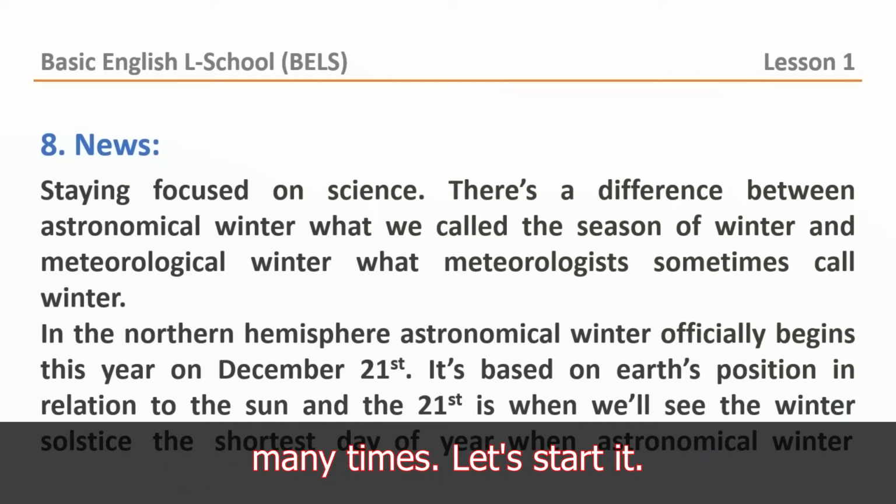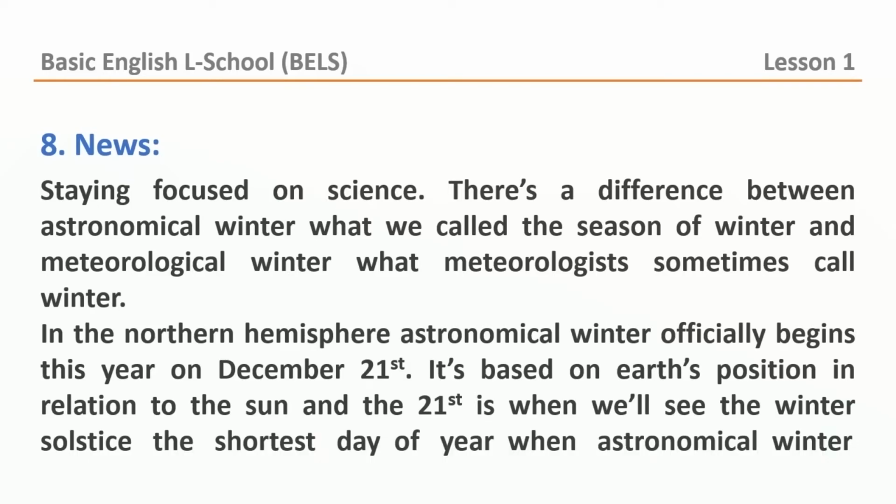Let's start it. The newscaster says, staying focused on science, there's a difference between astronomical winter, what we call the season of winter, and meteorological winter, what meteorologists sometimes call winter. In the northern hemisphere, astronomical winter officially begins this year on December 21st.